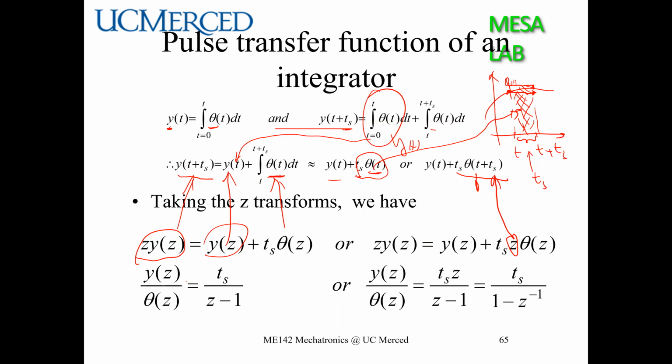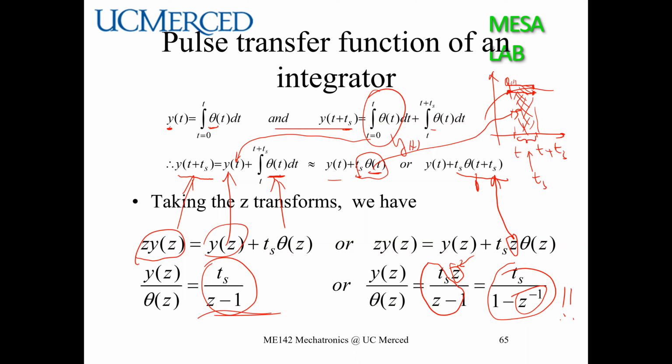So from the input and output point of view, this is integration, the same form, but there is an extra z in here. However, if you divide both sides by z, you end up with this term. I like this one better.